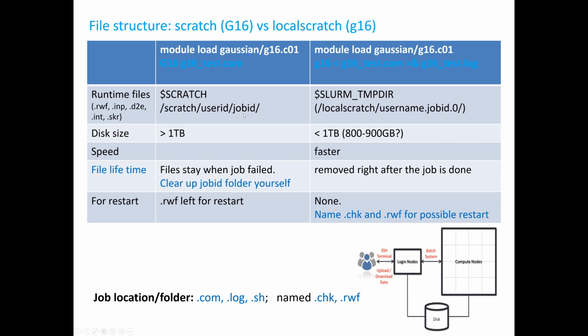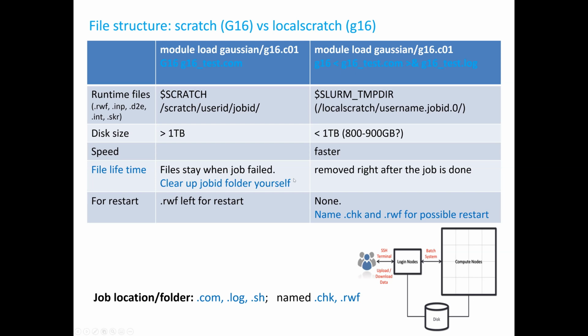So you still have a job ID subdirectory, but it's empty. However, for any files saved on the local disk, whatever the reason your job is gone, all the files will be removed immediately, because you need the space for other jobs.